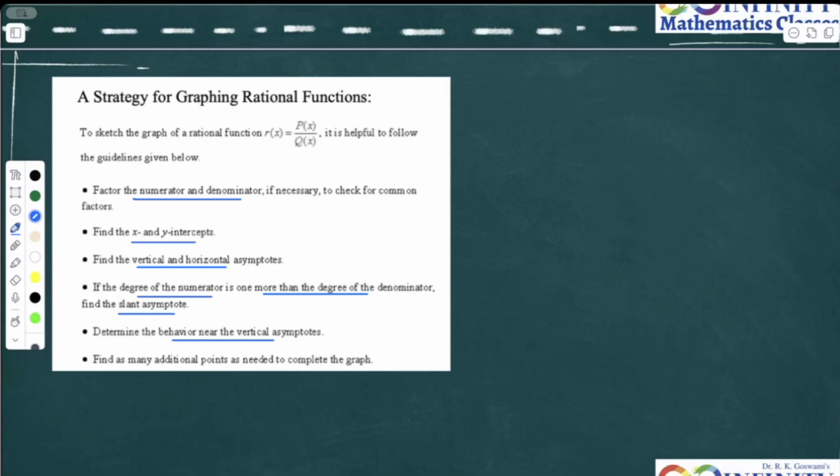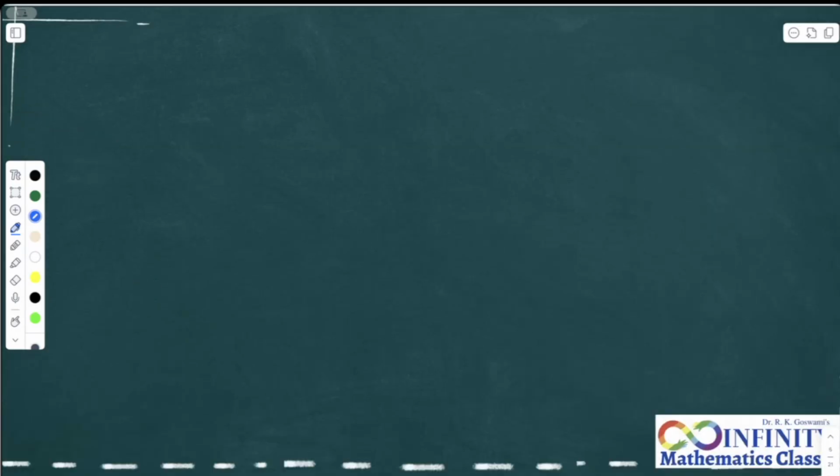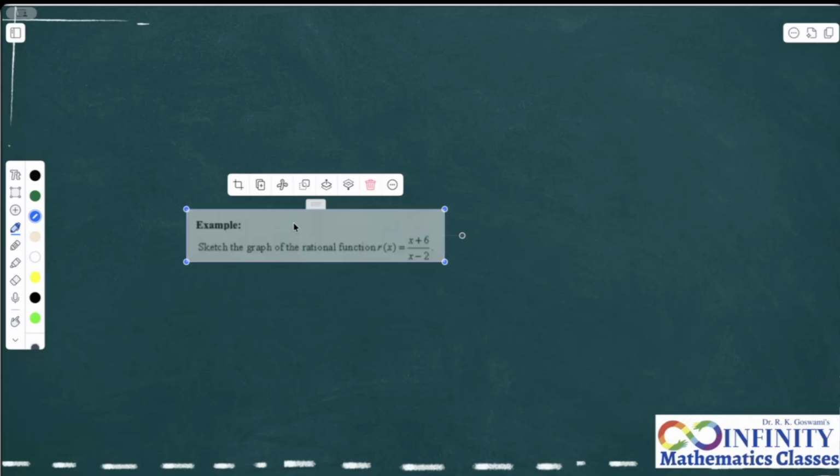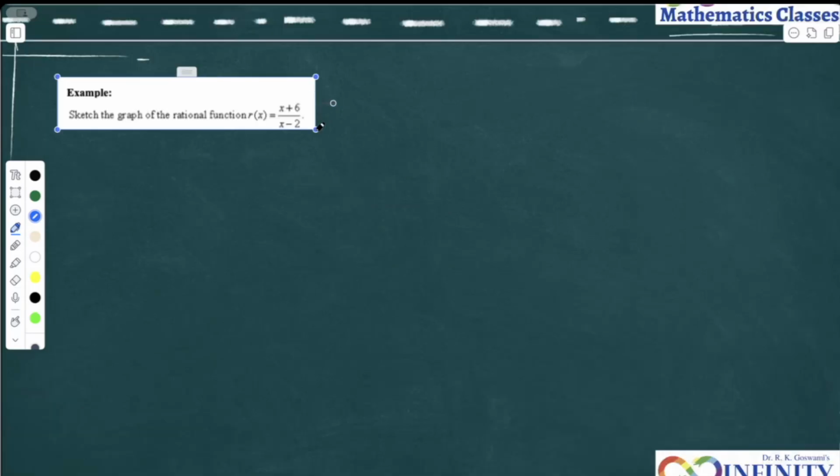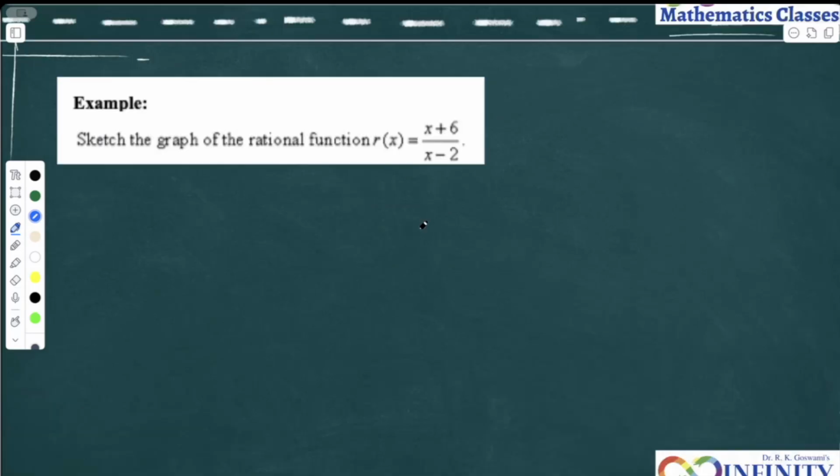It is going to be a simple question for you. The first question is, look at the graph, please. Sketch the graph of this one: x plus 6 upon x minus 2. This is given to you.